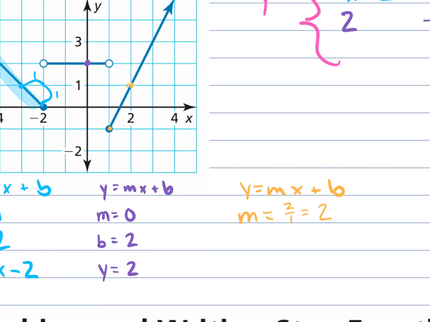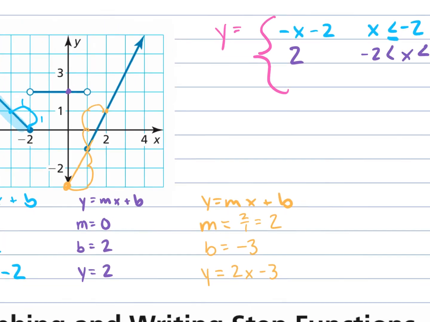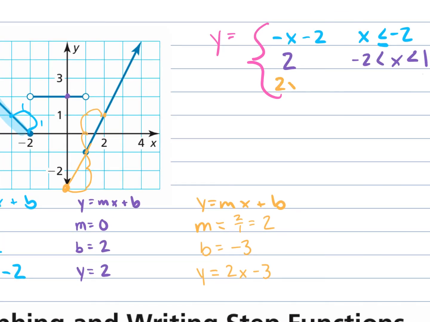No. But can I extend it to make it cross the y-axis? Yeah. So to find my b, I'm just going to extend my line. So instead of going up 2 and to the right 1, I would just go down 2 and to the left 1. Just extend your line. So what would my b be? -3. Perfect. So how would I write this equation? 2x minus 3. Awesome. So y equals 2x minus 3.